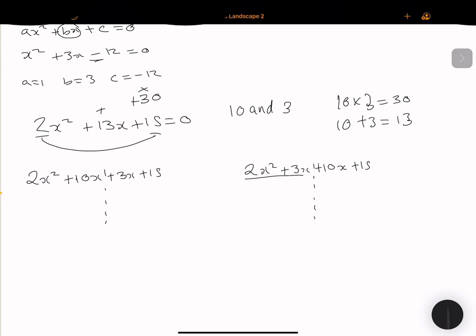So let's factorise this side first. So we've got 2x plus 5, and then 3x plus 5. You can check that it's right because these two are the same. Then we've got 2x plus 3 as one bracket, and x plus 5.